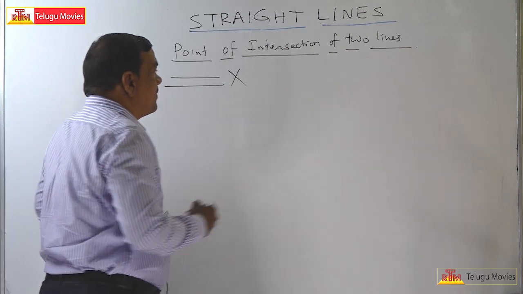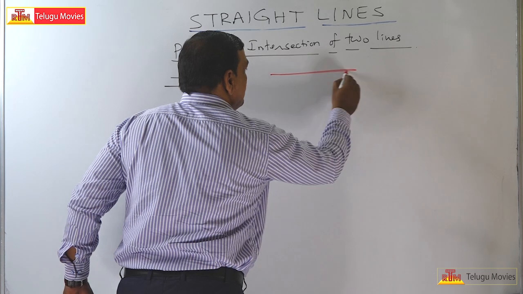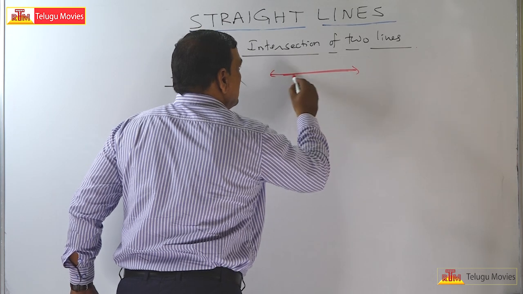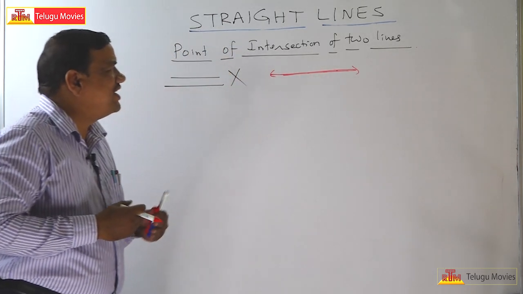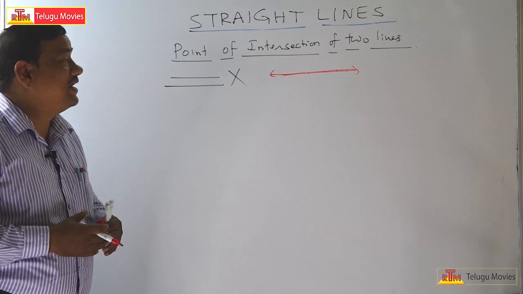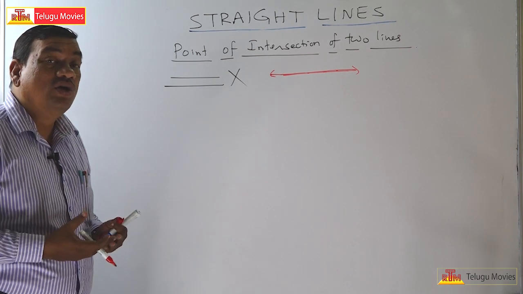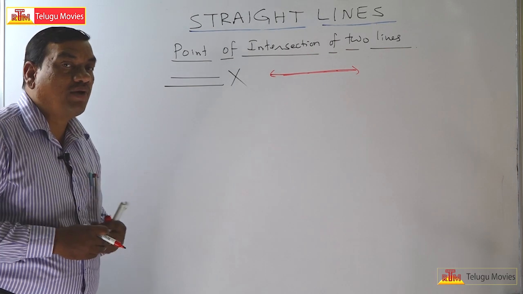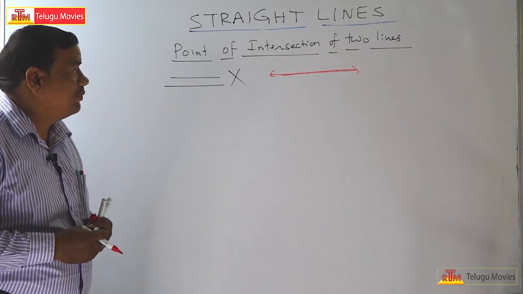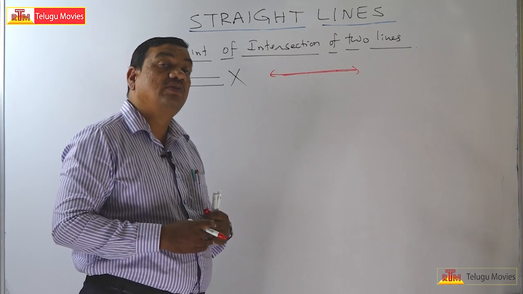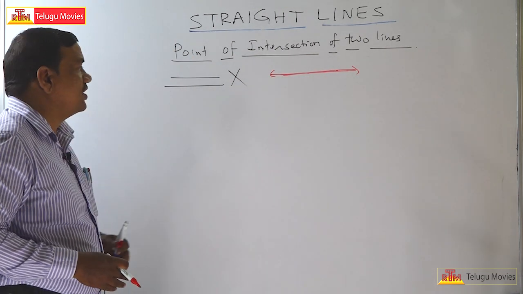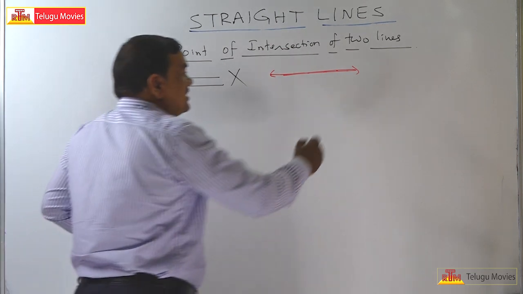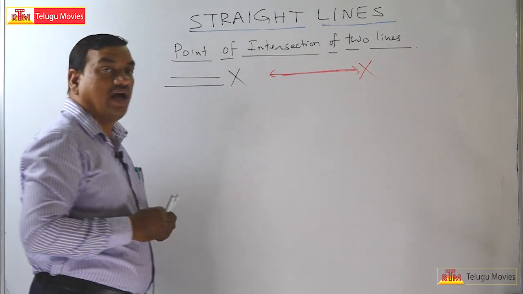If two lines are coincident, there won't be any single point of intersection, but there will be an infinite number of coincident points. That means an infinite number of solutions will be there. Here no solution.